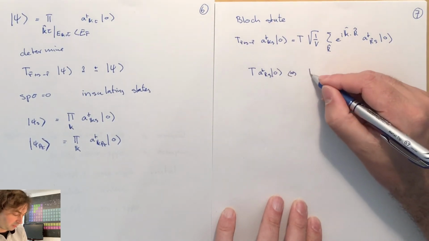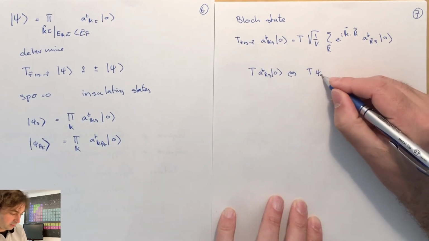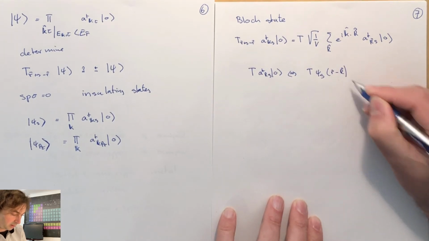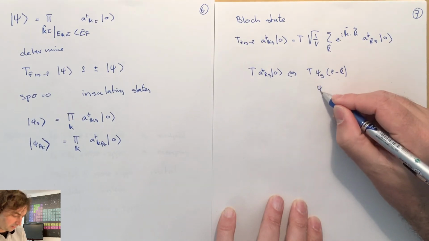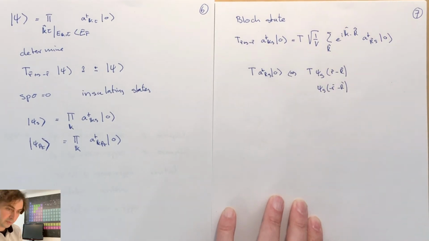This is equivalent, now not written as a state but as a wave function, to an s wave function centered around the point r minus capital R. Now, putting the inversion symmetry operator there gives psi_s of minus r minus capital R.